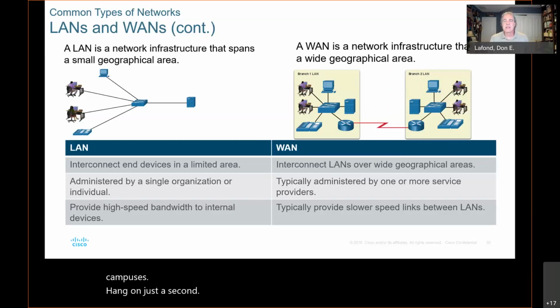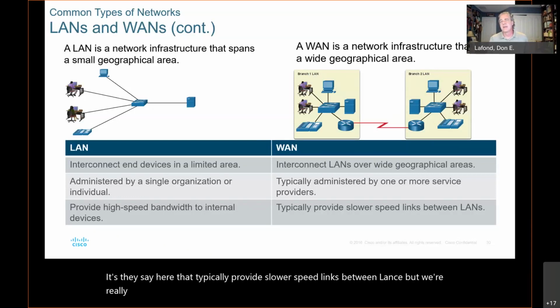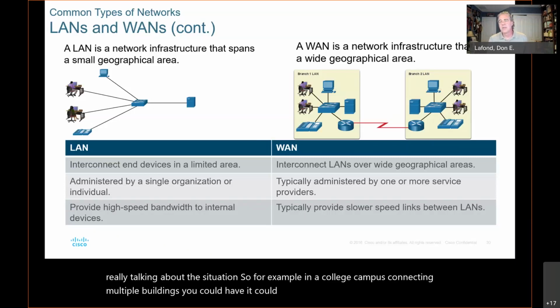They say here that it typically can provide slower speed links between LANs, but we're really talking about the situation. So, for example, in a college campus connecting multiple buildings, it could be considered a WAN, and it would be copper.